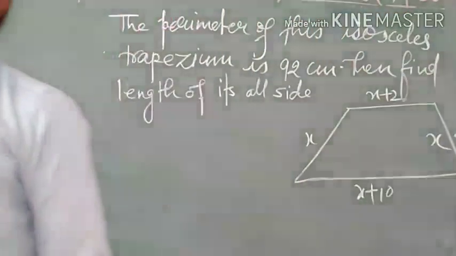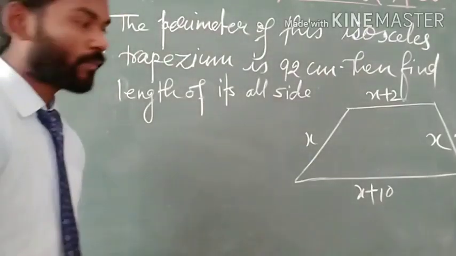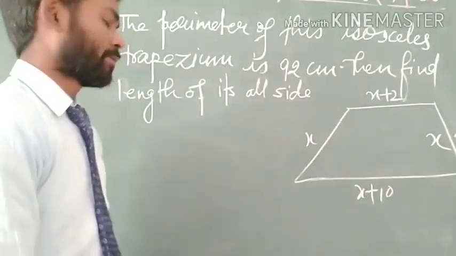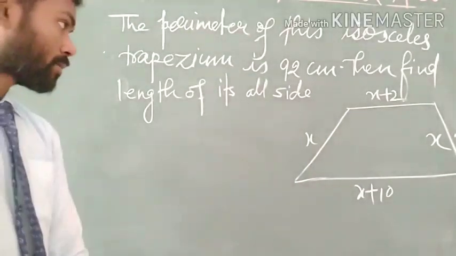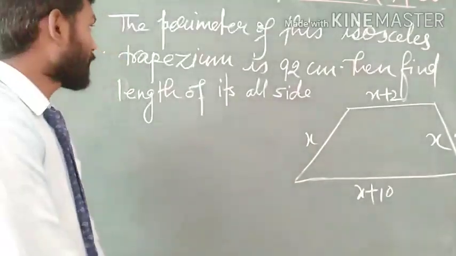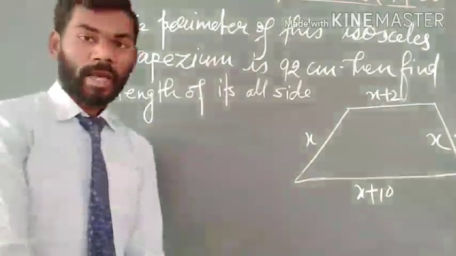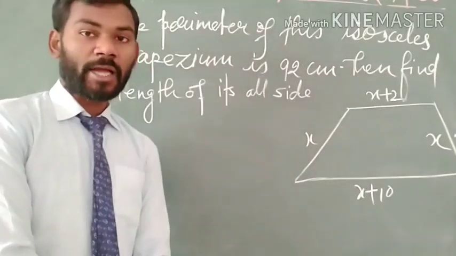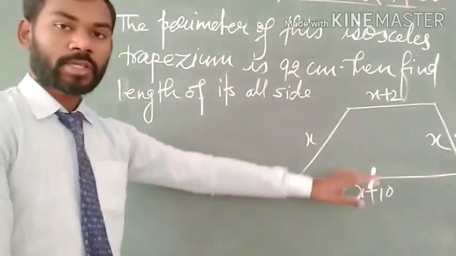So this is the given trapezium, and we have to find the length of all its sides. So let us see what the question says and try to understand its requirement. The question says to find the perimeter of this isosceles trapezium. Isosceles trapezium means that at least two sides of this trapezium will be equal.